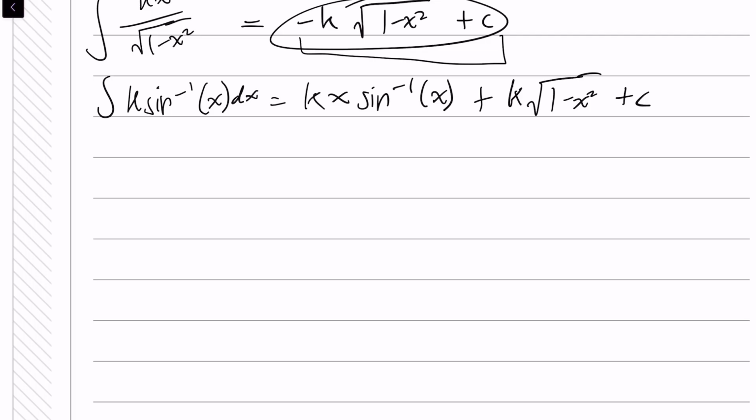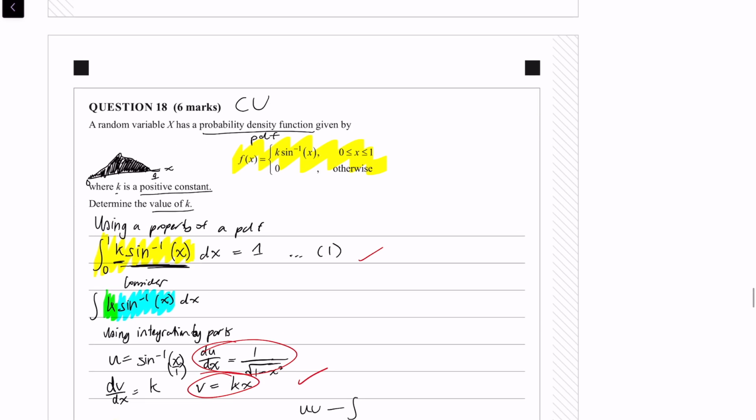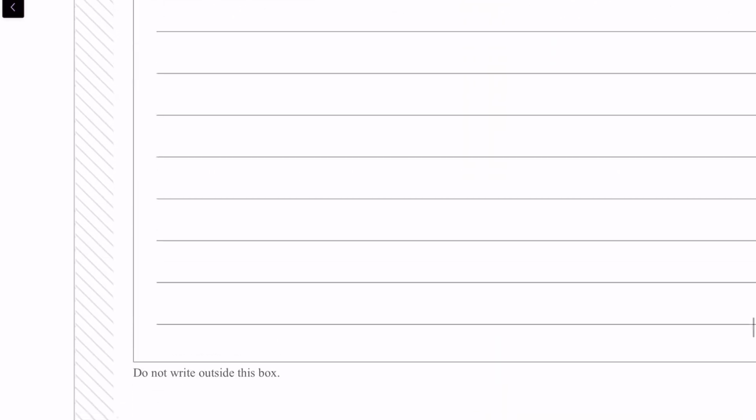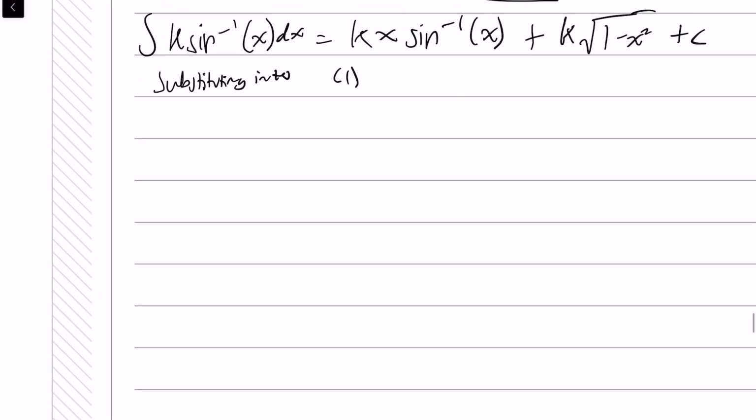So I can substitute this now into equation 1, where I had the integral of basically that PDF function. So I've just written down from 0 to 1 for x, and that equals a total area of 1 unit squared. And so basically I'll just rewrite it so it's clear.